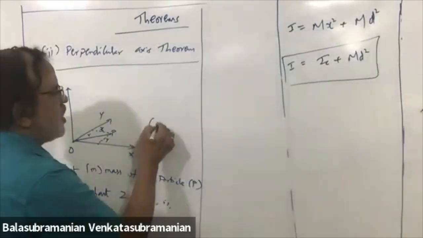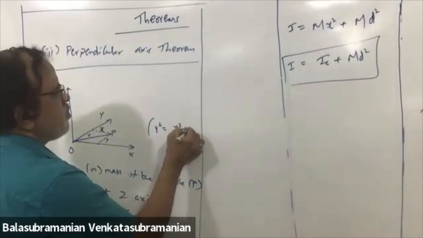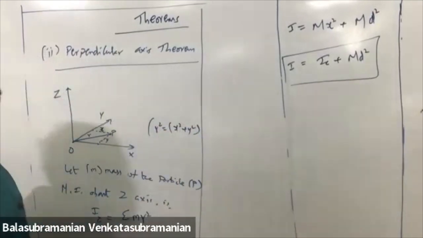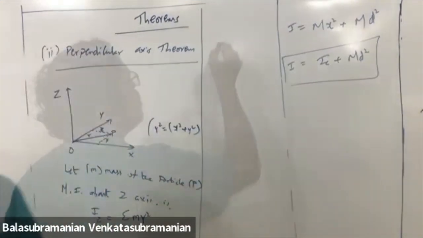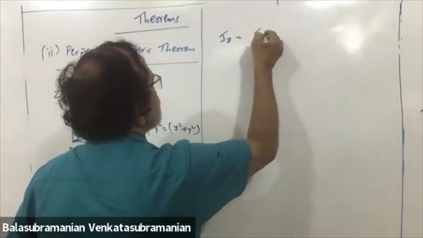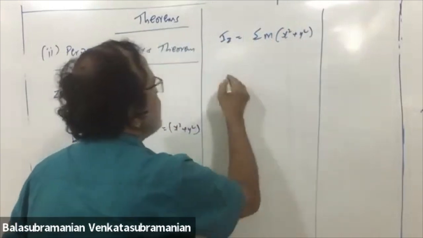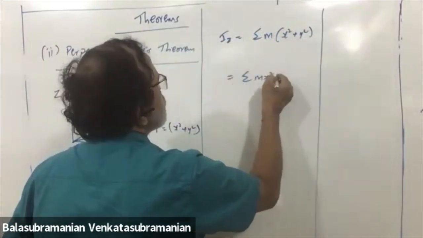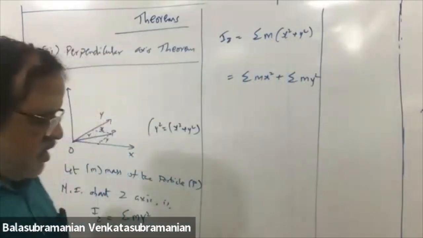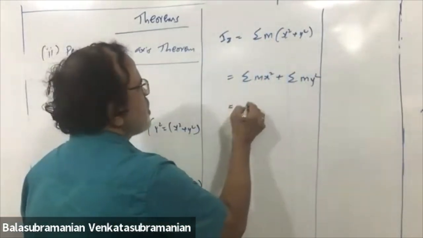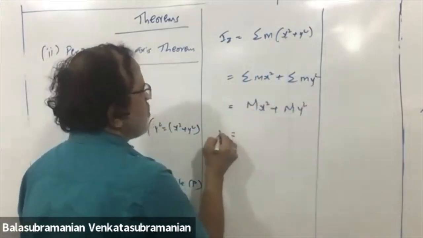Here r square is equal to x square plus y square. So Iz is equal to sigma m (x square plus y square), sigma m x square plus sigma m y square. Sigma m is nothing but capital M, so capital M x square, capital M y square.